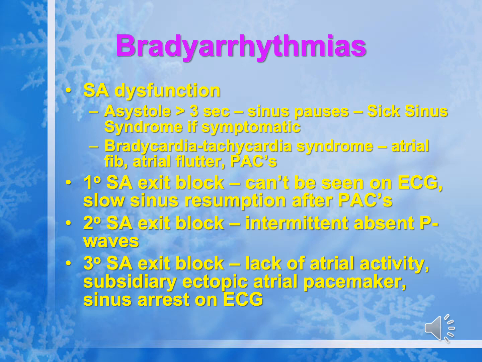A second degree sinoatrial exit block is when the impulse exiting the SA node is intermittently absent, and we see absent P waves indicating this. The third degree SA exit block is when there is total lack of atrial activity and is dependent on a subsidiary ectopic atrial pacemaker, and we see this on the electrocardiogram as sinus arrest.